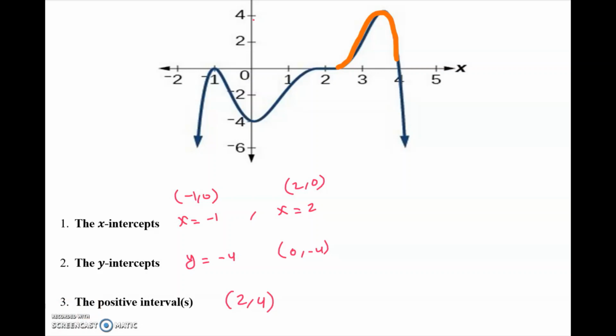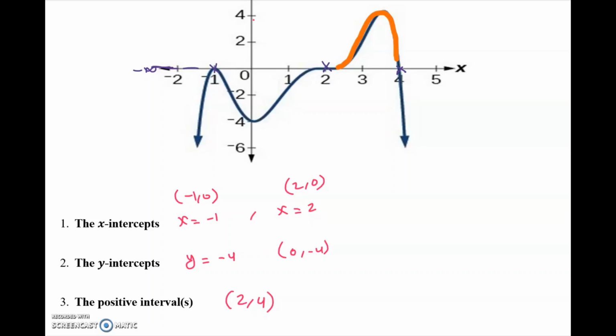Now for the negative intervals is the part in which the graph is below the x-axis. We don't want to forget these points. The x-intercepts in which y is 0. So now for the x-axis, this is -infinity. So the function was going down, covering all of this from the x-axis, all of this from the y-axis.